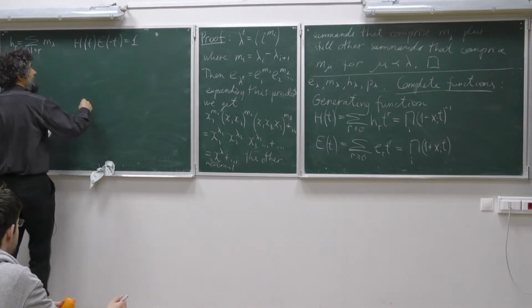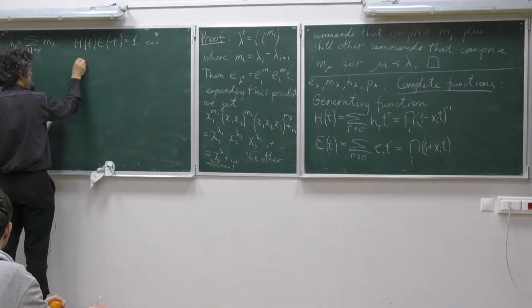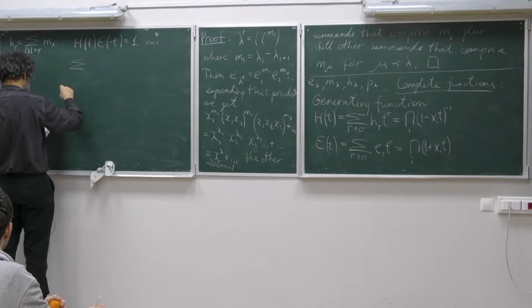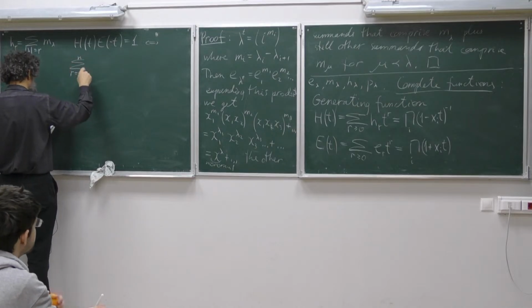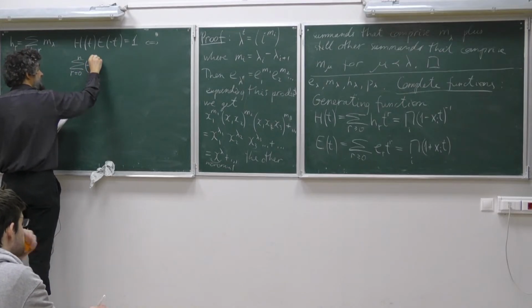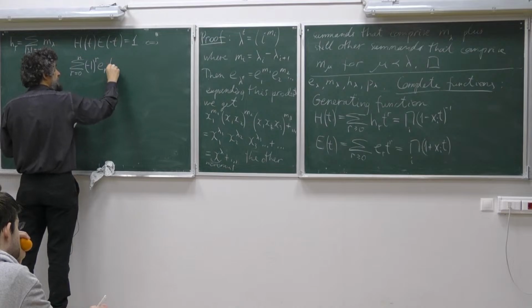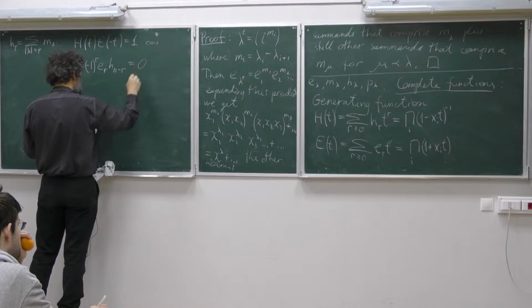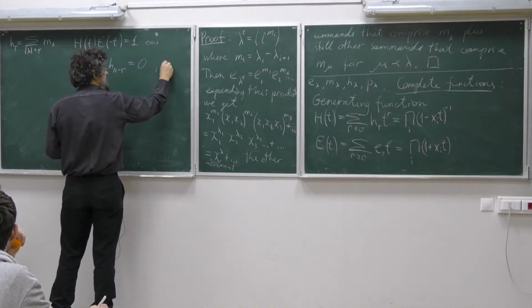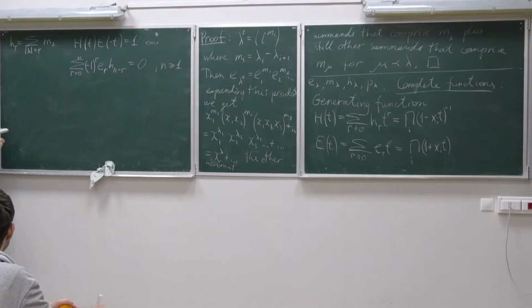Okay, and well, this can be rewritten additively as the sum over all r from 0 to n of minus 1 to the r e_r h_{n-r} is 0 for n strictly positive.